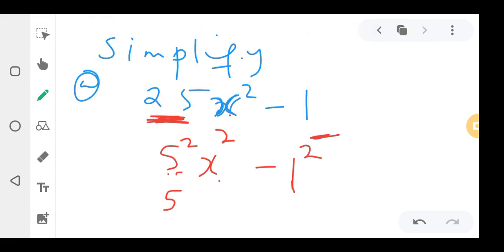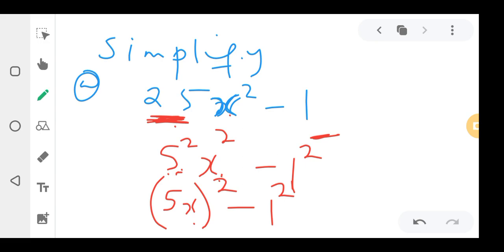So you say 5x, you put them in a bracket like this, and then squared, minus 1 squared. The square root of 25 is 5, so you put power 2, and x power 2. Then 5 and x, you bring them in the brackets and then square them.